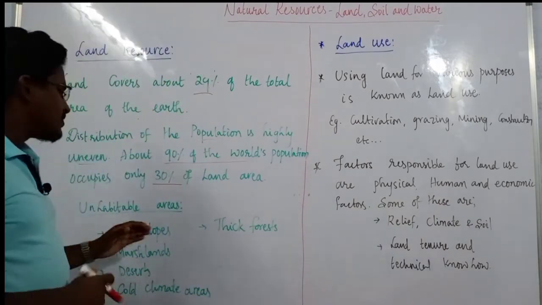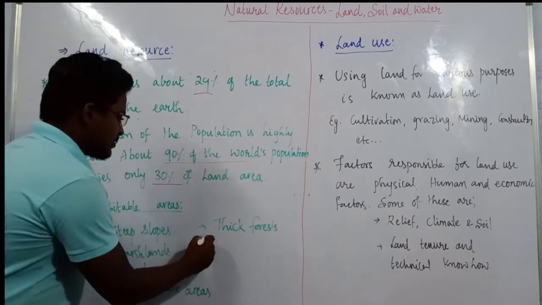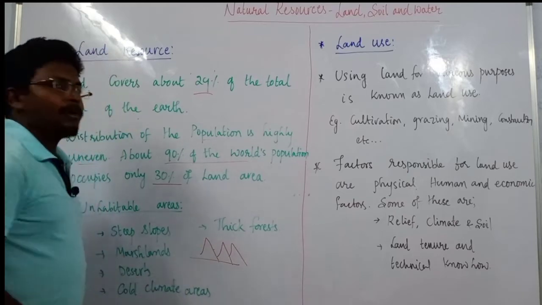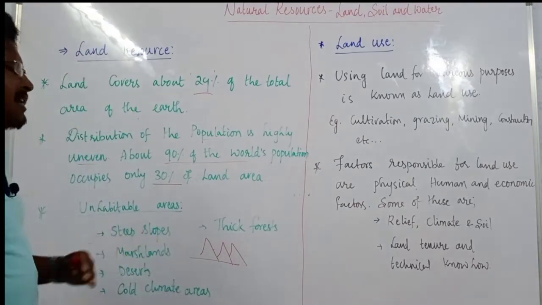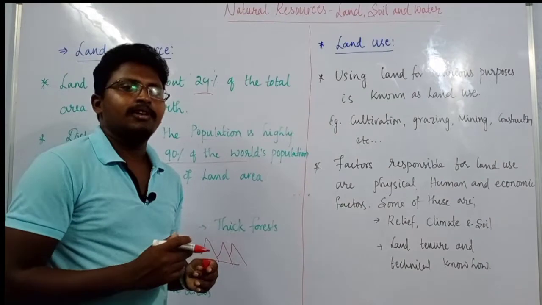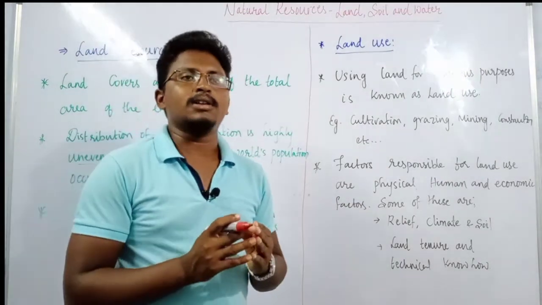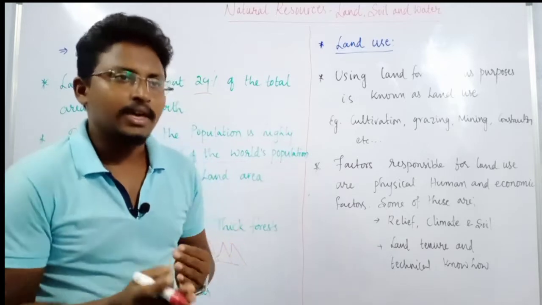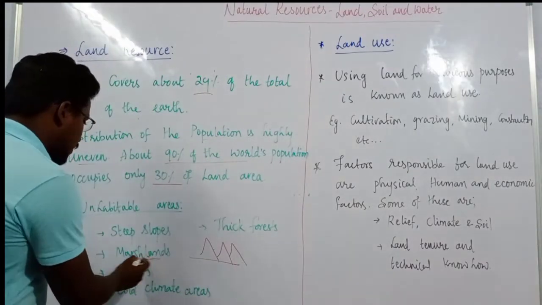Steep slopes means mountains or hills, and in these regions people cannot live. Marshlands are areas completely covered with water, or wet throughout the year, so we cannot live in those areas either.